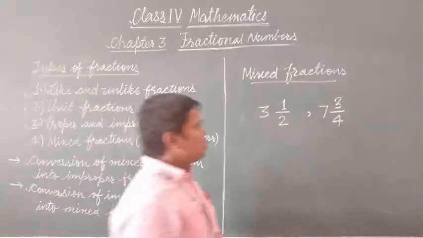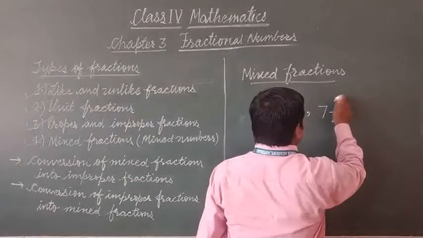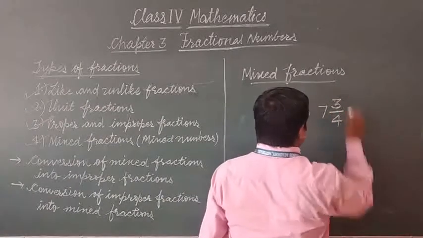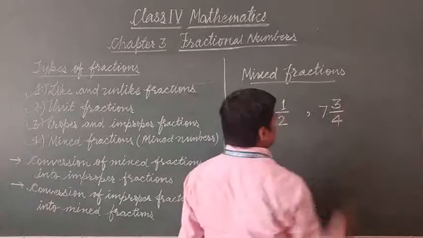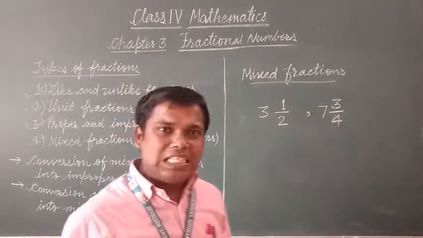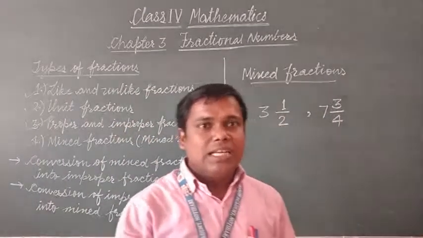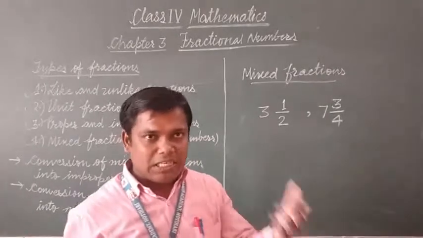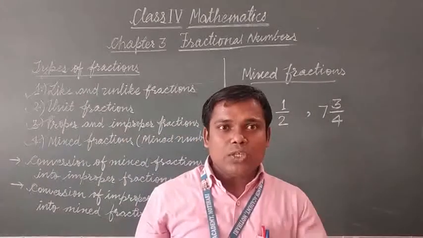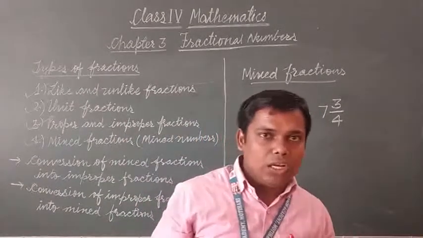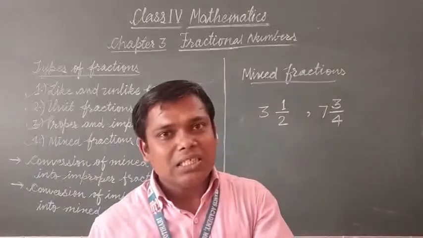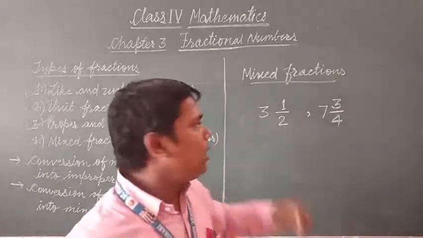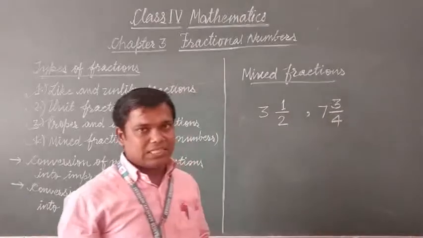It is also an example of mixed fraction. So you can easily write an example of mixed fraction. The definition of mixed fraction, once again I am telling, a fraction which is a combination of a whole number with a proper fraction is called mixed fraction.